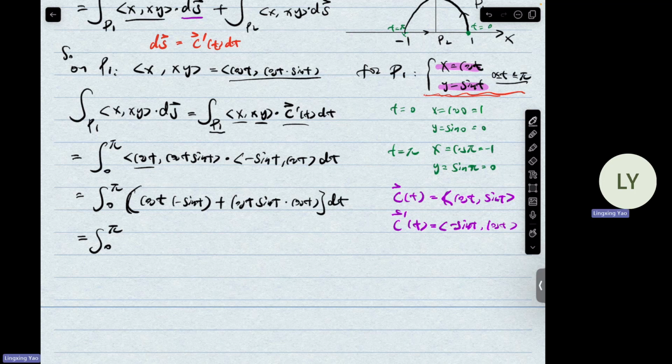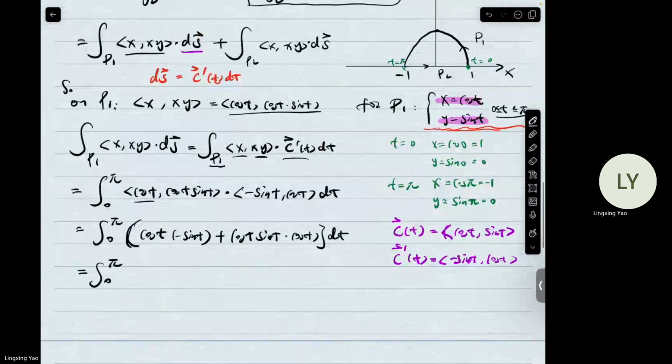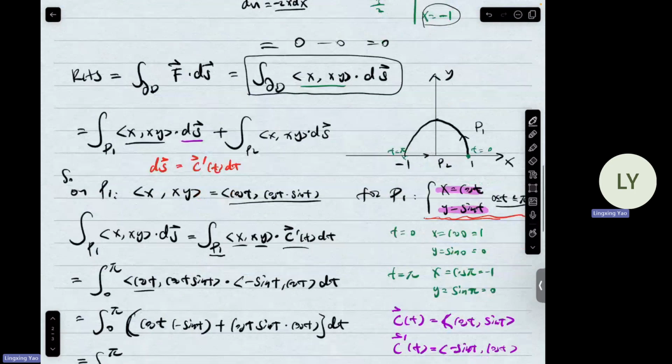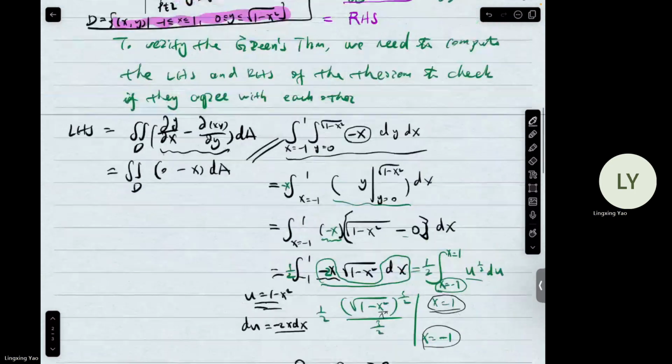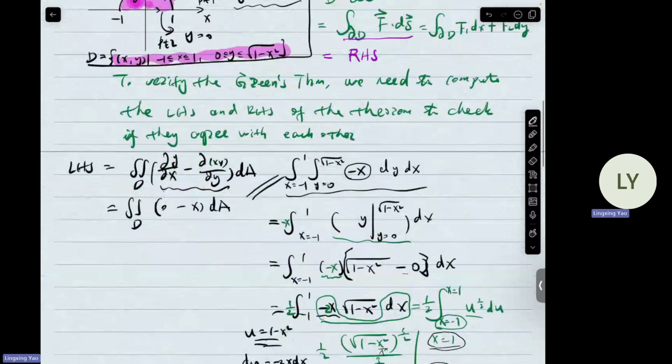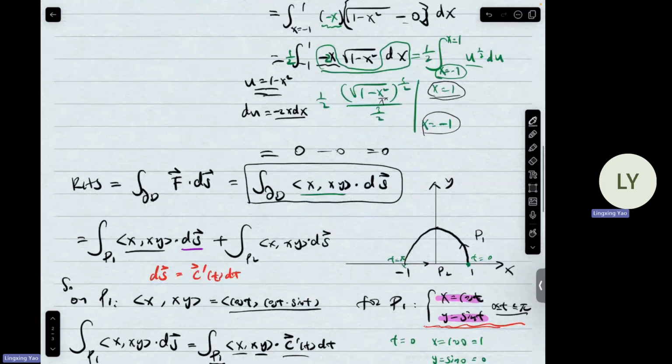All right, wait, maybe there's something wrong. Oh, sorry. I did realize F1 is xy and F2 is y. Did I write anything wrong?